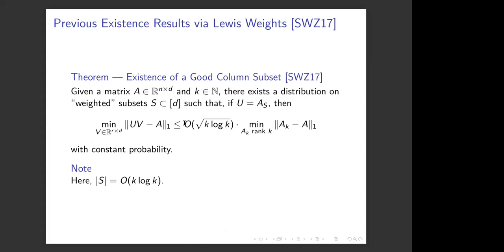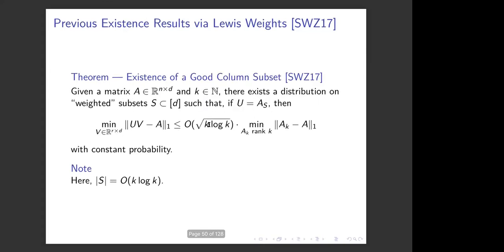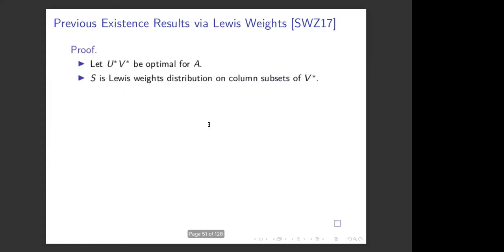So where does this square root k log k come from? Because here you had 1 plus epsilon. Let's see why this square root k log k approximation comes about. Let me quickly go through the proof from this work. If U star V star is the optimal rank k approximation for A, then S is the Lewis weights distribution on subsets of V star.